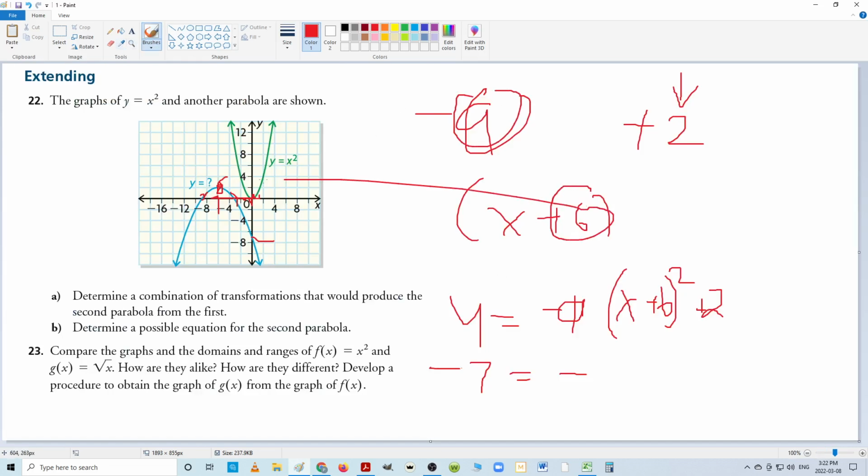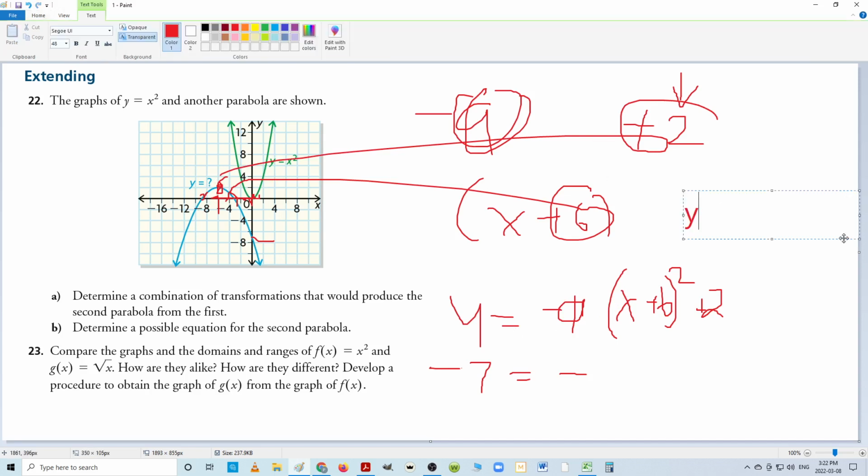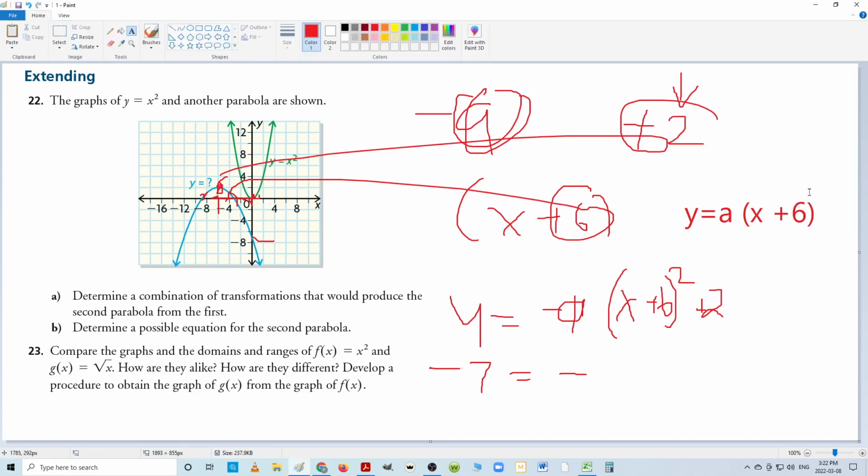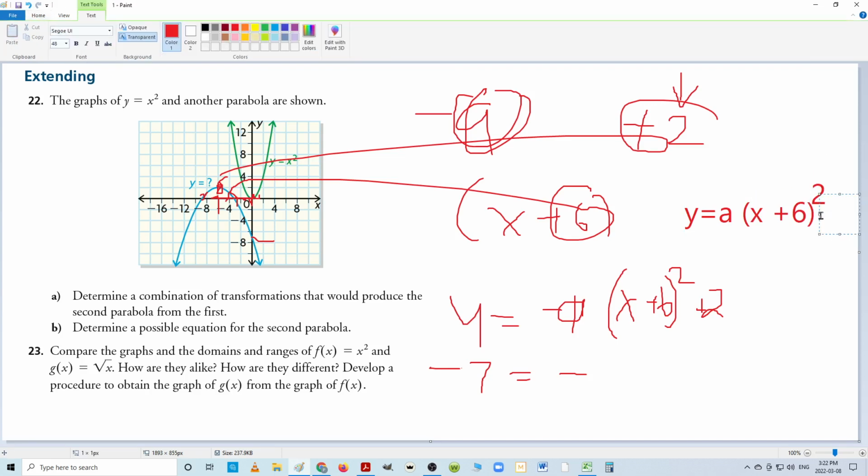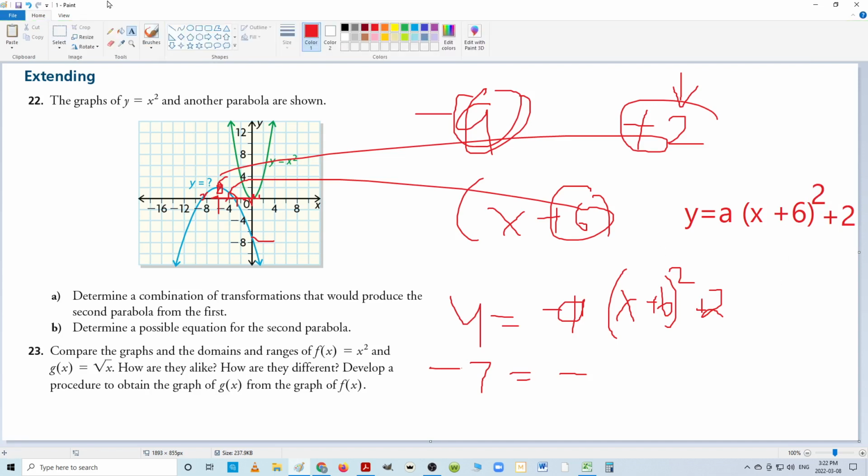I know it's plus 6 to get the 6 over, and I know it's 2 up to get the y up. So I just don't know the a. So I'm going to take the basic formula, y is equal to a, and I know it's x plus 6 because it moves to the left 6, squared, right? And I know it's plus 2 because it's gone up.